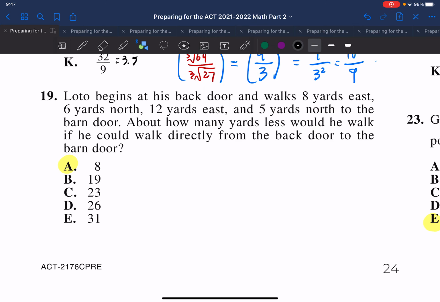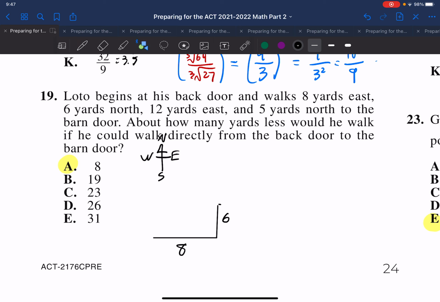So, let's recall our 4 cardinal directions. So we got north, south, east, and west. So first he travels 8 yards east. Then he travels 6 yards north.